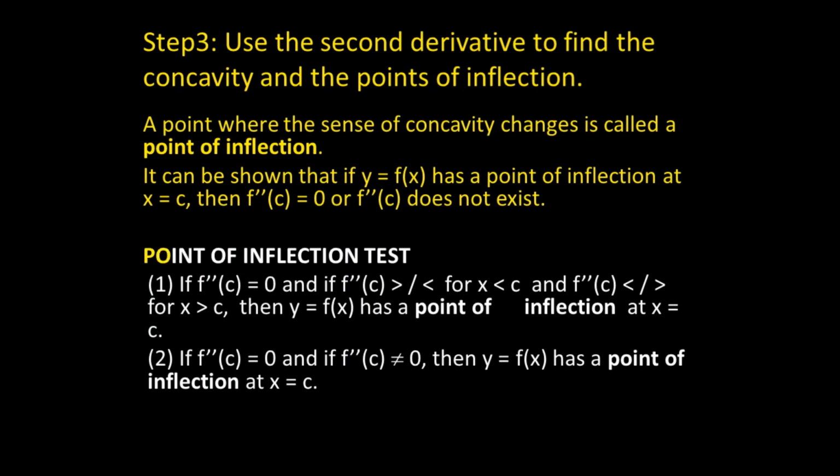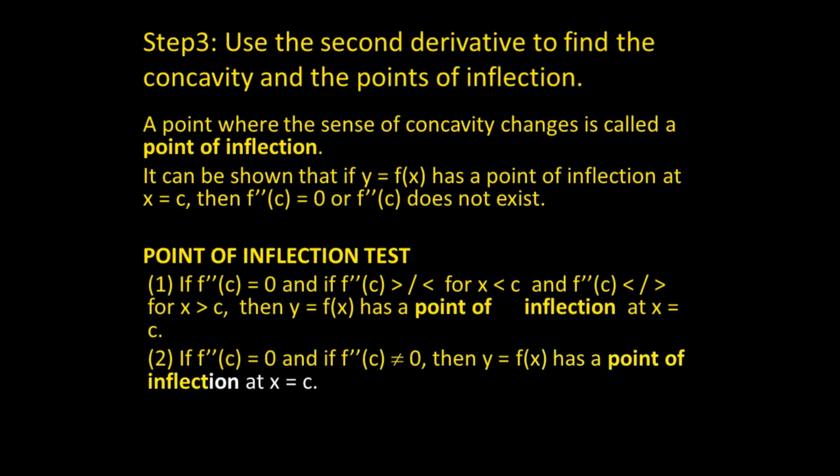Point of inflection test. Using the possible point of inflection, if f double prime of c is greater than or less than 0 for x is less than c, and if f double prime of c is less than or greater than 0 for x is greater than c, then y is equal to f of x has a point of inflection at x is equal to c.